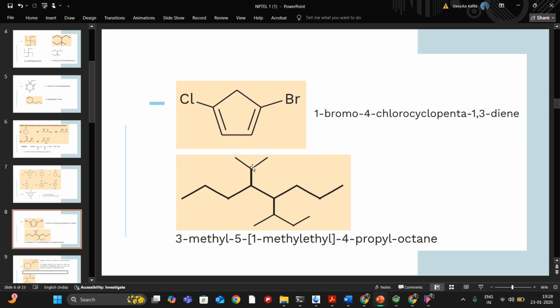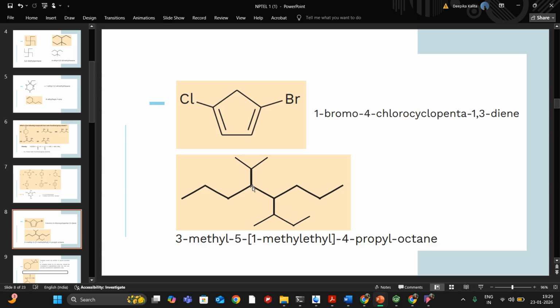This chain has 2 carbons and has a methyl substituent at the carbon number 1. Hence the name will be 3-methyl, 5-(methylethyl). So 5 is coming first because the methyl M is present, which is alphabetically coming before P.